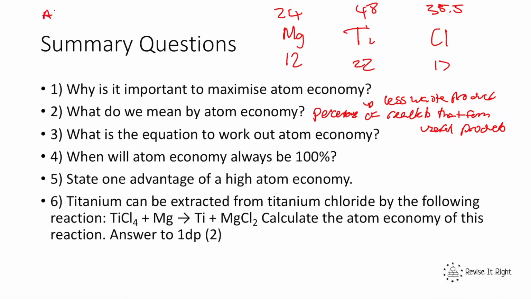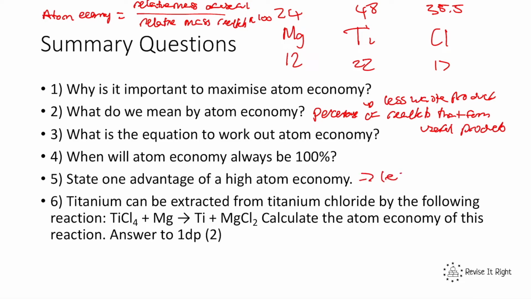Well, I write it up here. Atom economy is equal to the relative mass of the useful product divided by relative mass of reactants times by 100. State one advantage of a high atom economy. Well, of course, less waste. So it is a greener reaction.